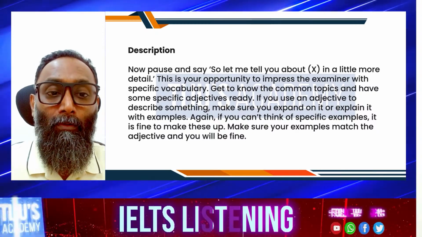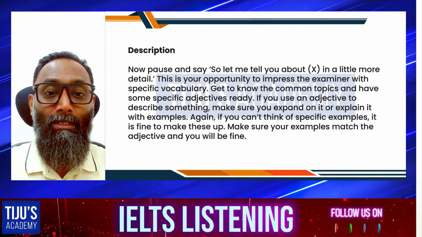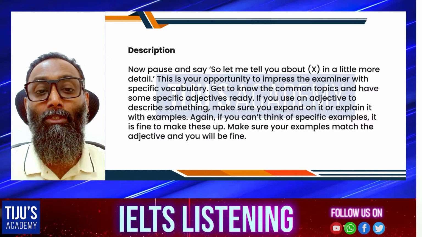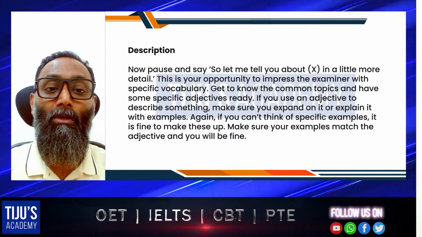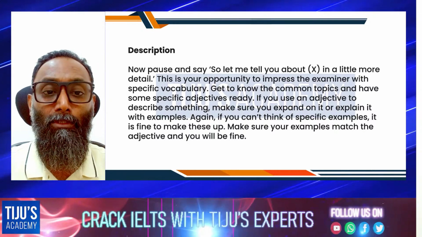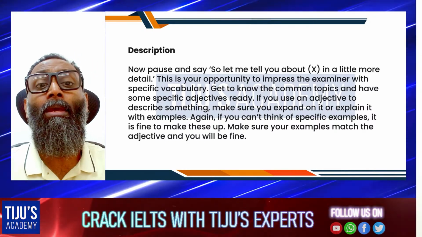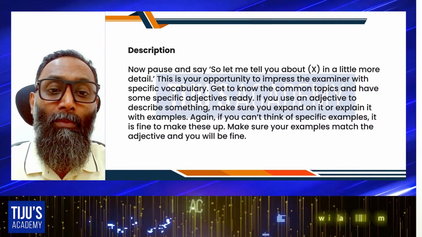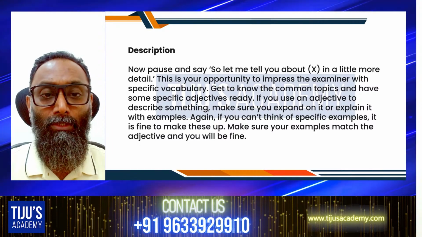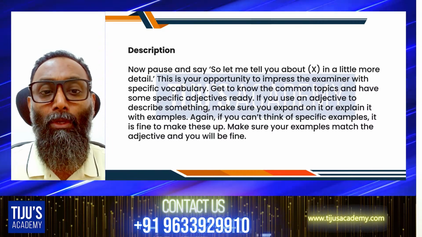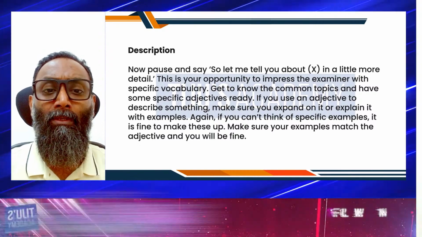As I mentioned before, this is the time when you can impress the examiner with vocabulary. As you know, vocabulary plays an important role: 25% of your scoring criteria is on vocabulary. Whenever you're practicing, make sure you have a list of vocabulary for commonly asked cue card questions and prepare it according to the kind of question you get. It's easy.